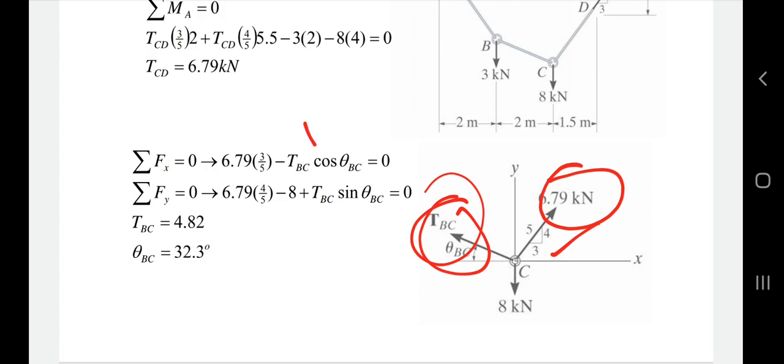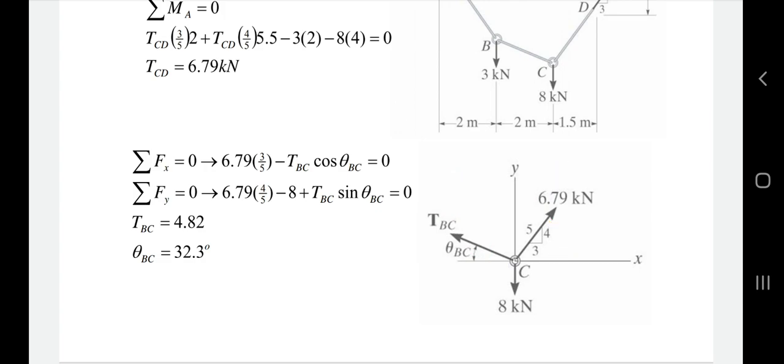So you can apply two equations, summation fx is equal to 0 and summation fy is equal to 0, to find out these two unknowns, that is TBC and theta BC. The same procedure will be done as was done in the case of truss. That is, if you are considering for example 6.79, it can be broken down into two components.